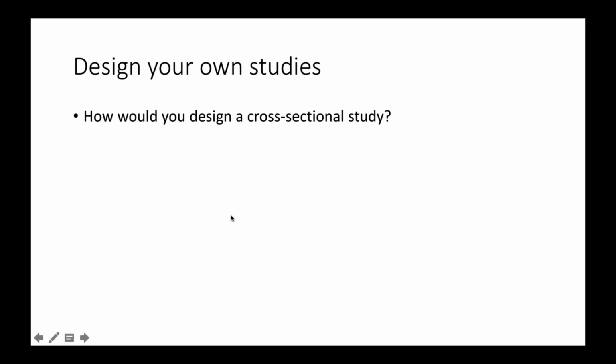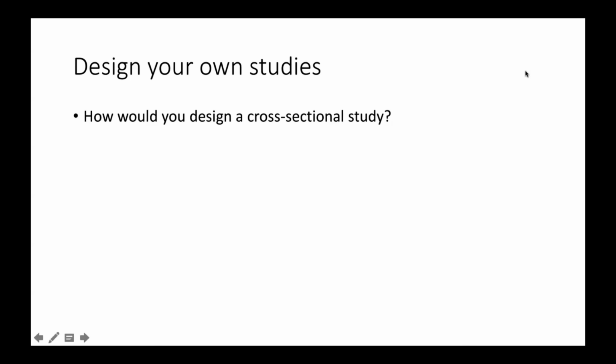Good. Okay. So Isabel, how would I design a cross-sectional study? It's in present time, so you randomly choose two populations and look at the rates of a disease in those different populations.